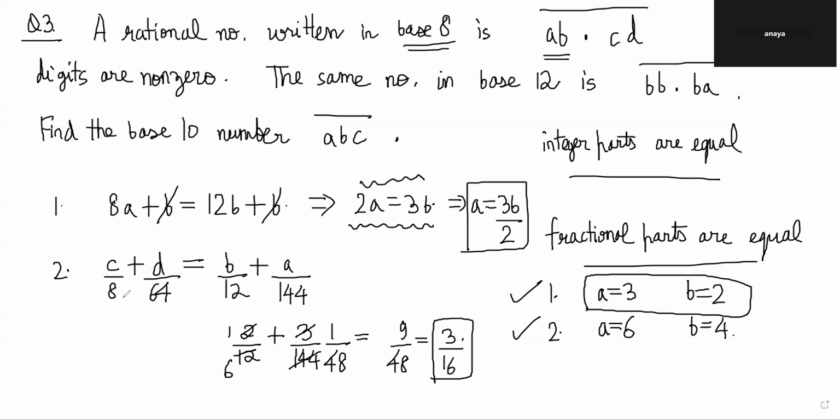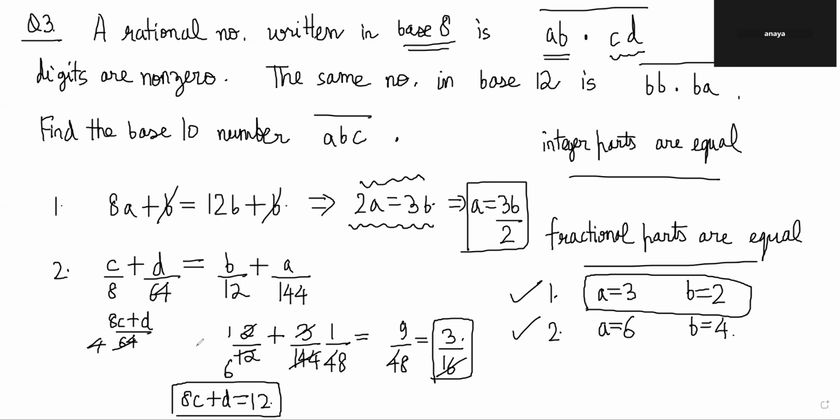And here it is 8C plus D by 64, right? If you cancel 4, 8C plus D is equal to 12. Now you have to realize again, C and D are also digits which are less than or equal to 7, because C and D were also written in base 8.